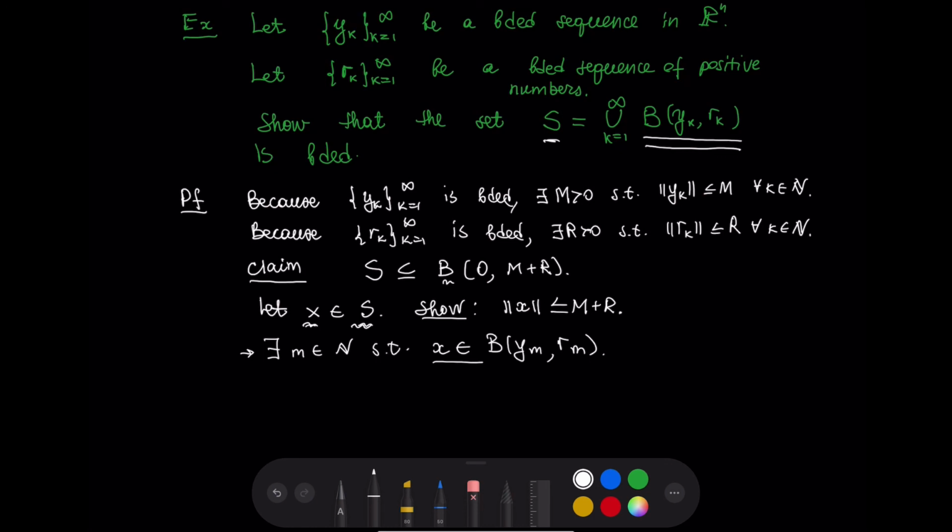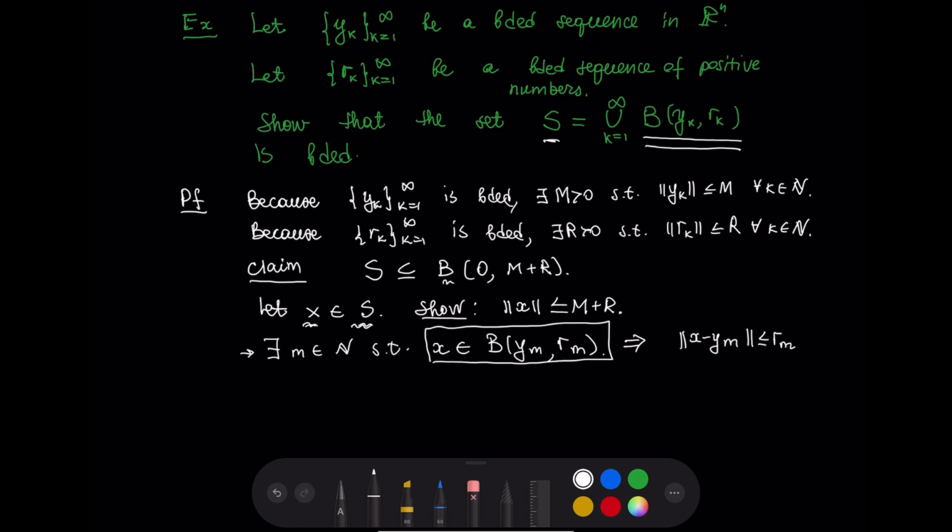But if we just write down the definition of what this means, this implies that the norm of x minus ym is less than or equal to rm.